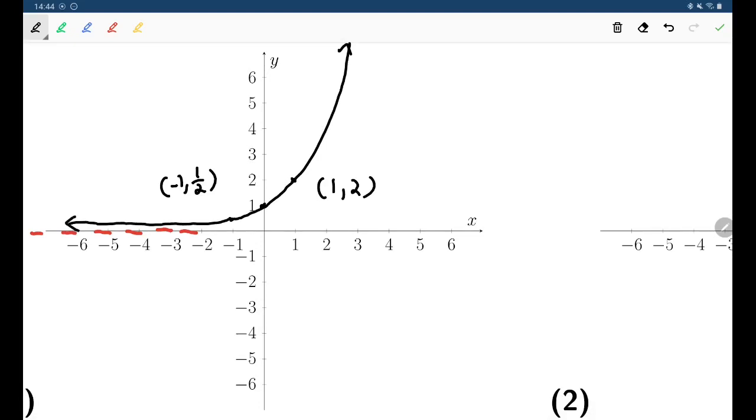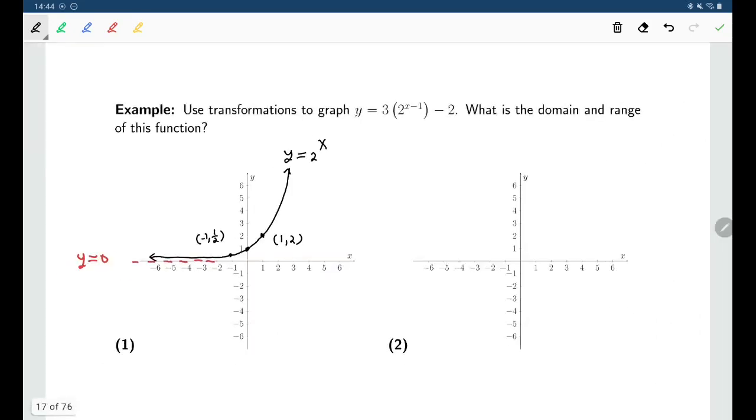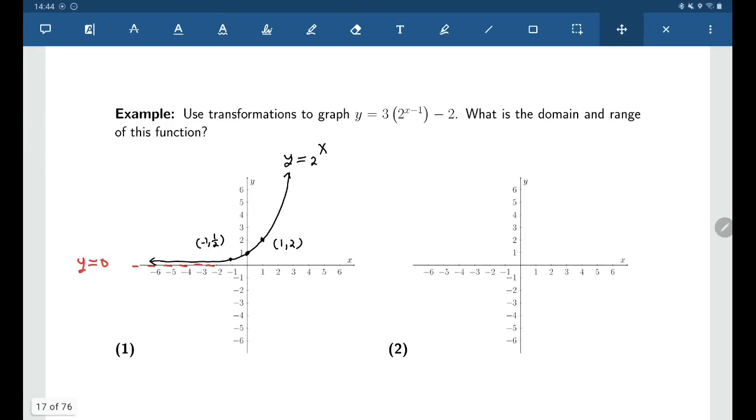And I'm just going to make these points look a little bit more obvious. There we go. Those are my 3 points. And then I need to label my horizontal asymptote. There we go, y equals 0. And then now label my equation itself, 2 to the power of x. All right, so I've got my first graph done.